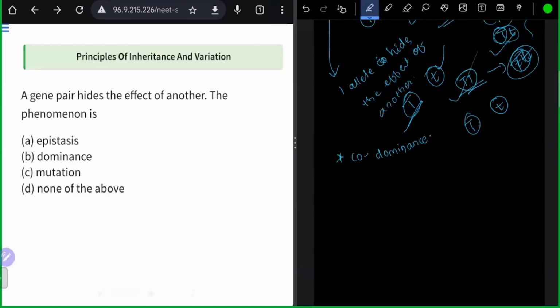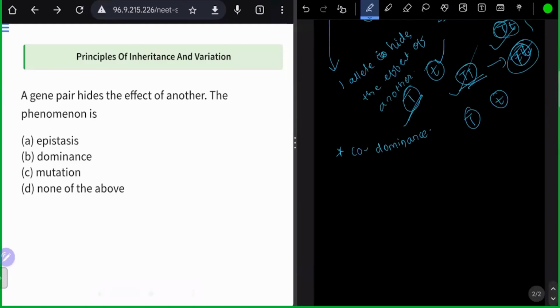The second effect is codominance. That means both alleles are equally expressed. Co means they both are equally expressed, right? Take an example of red flower, and small r denotes white flower. If capital R, capital R alleles are present, the flower color will be red.